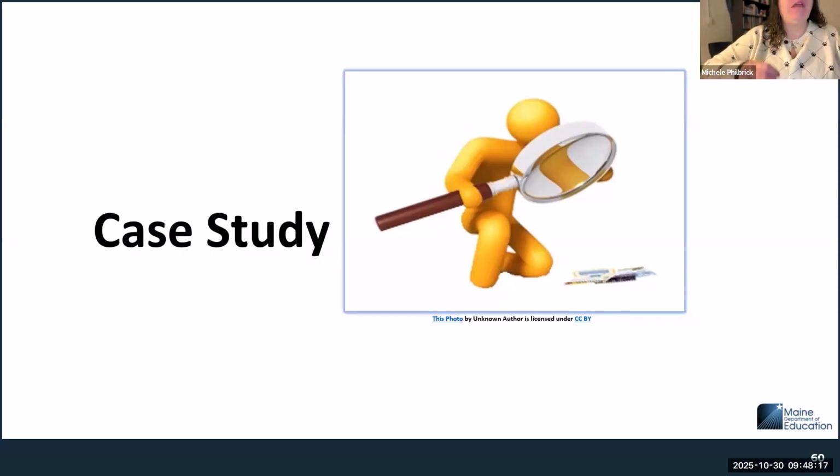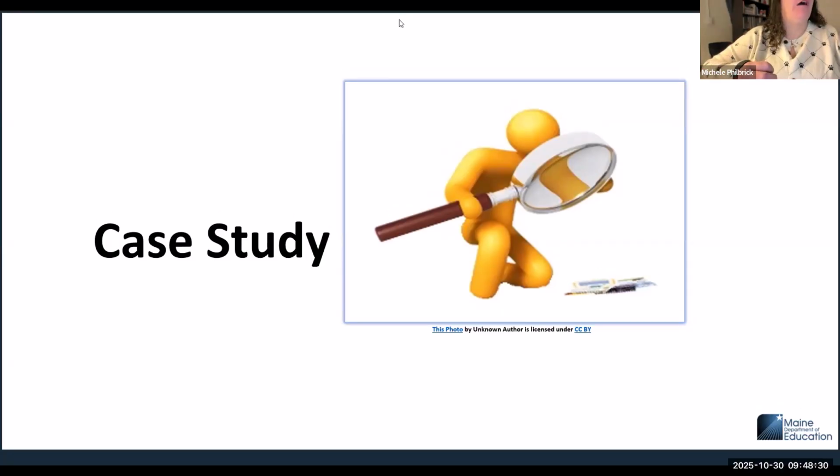How do we include a child in a meaningful transition plan when they don't have, I hate saying it, the cognitive capacity to do that meaningfully?